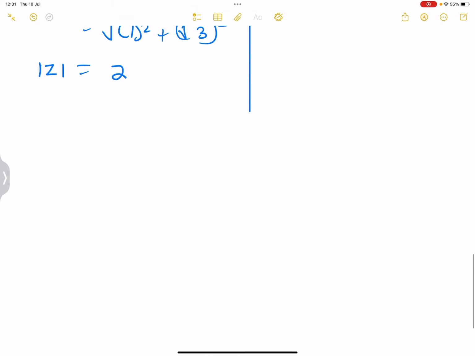Z would be equal to the modulus, in fact let's write it as R, cosine of theta plus i times the sine of theta.